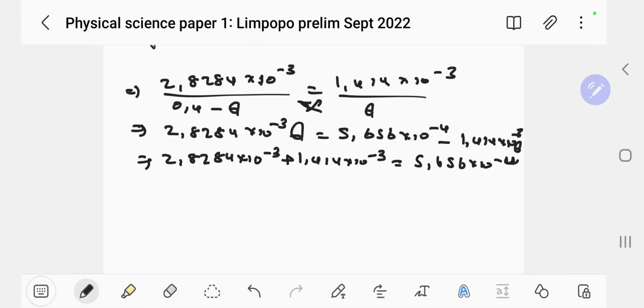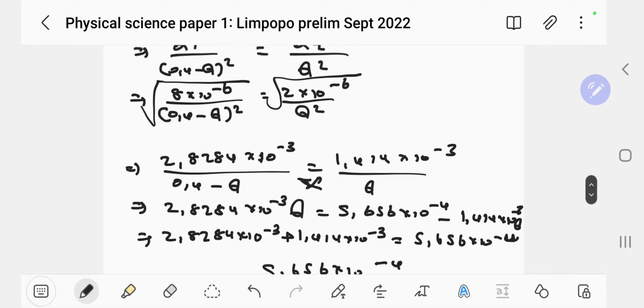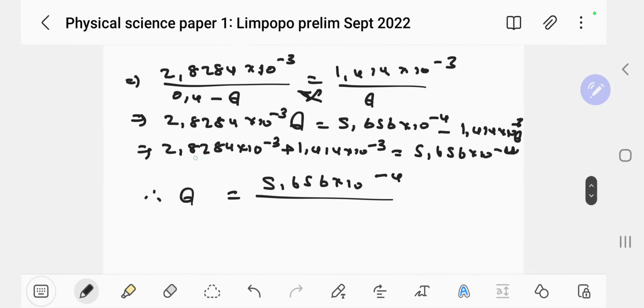Therefore d is going to be 5,656 times 10 to the exponent minus 4 divided by the sum of these two, 2,8284 times 10 to the minus 3 plus 1,414 times 10 to the exponent minus 3.